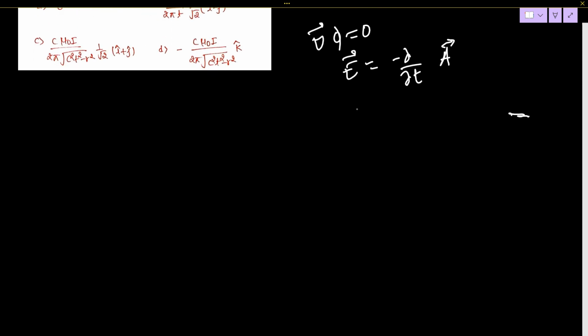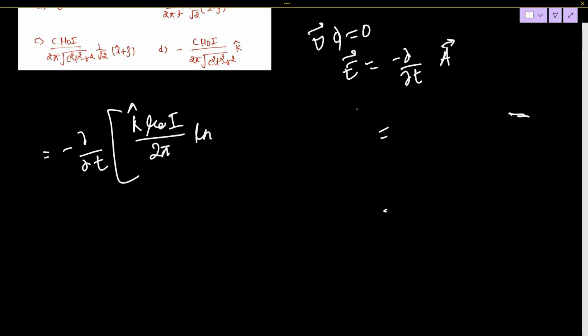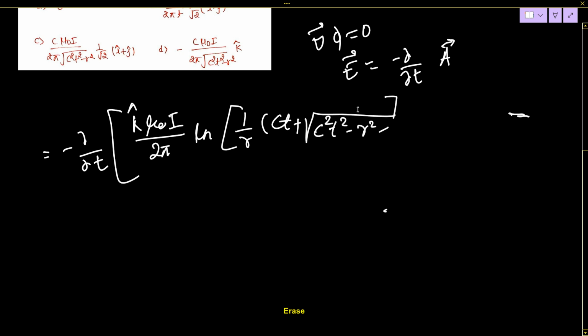I will write it here. That equals −∂/∂t of A, which is k̂ μ₀I/2π times ln[(ct + √(c²t² − r²))/r].